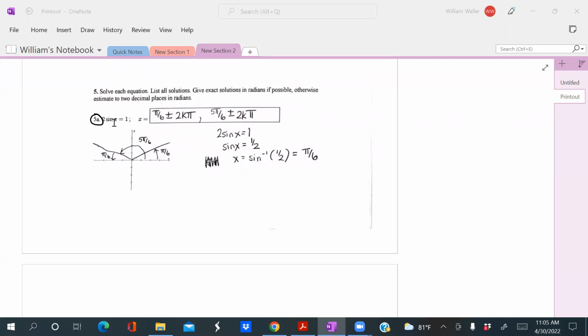So let's look at 5A first. When you're solving a trigonometric equation that involves sine and cosine, you're going to use an inverse trig function, so either inverse sine or inverse cosine. But remember, the tricky part of this is we want to write down all possible solutions to the equation.